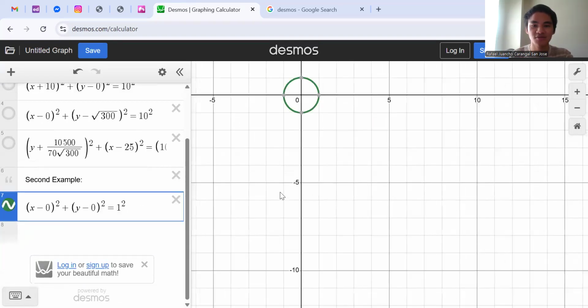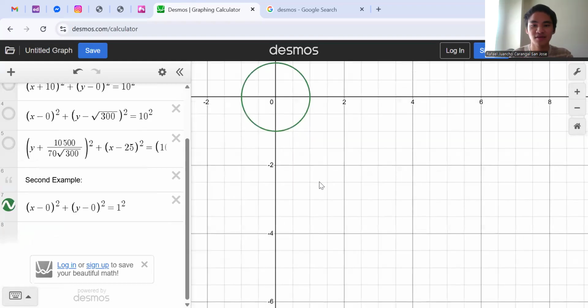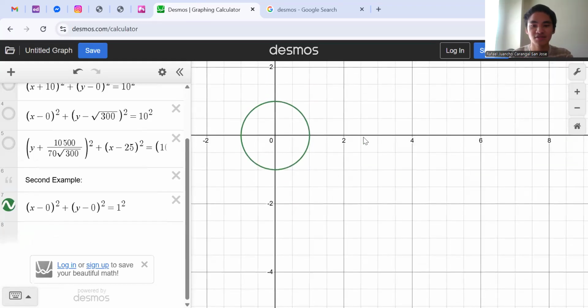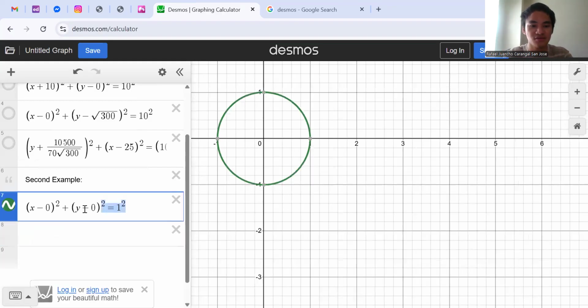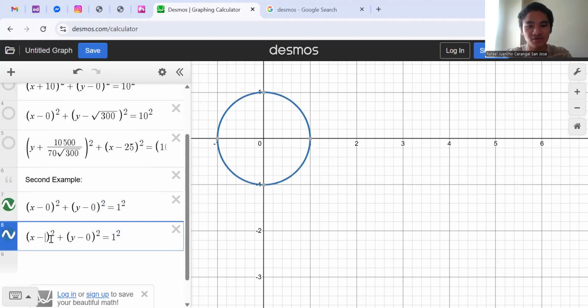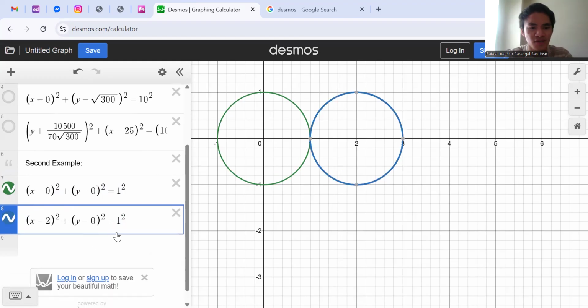Okay, let me try to do something else. Let's keep the unit circle. Something that intersects. Maybe what if we make this one? Maybe we can move it up a bit too. There we go. That one does look like it works.